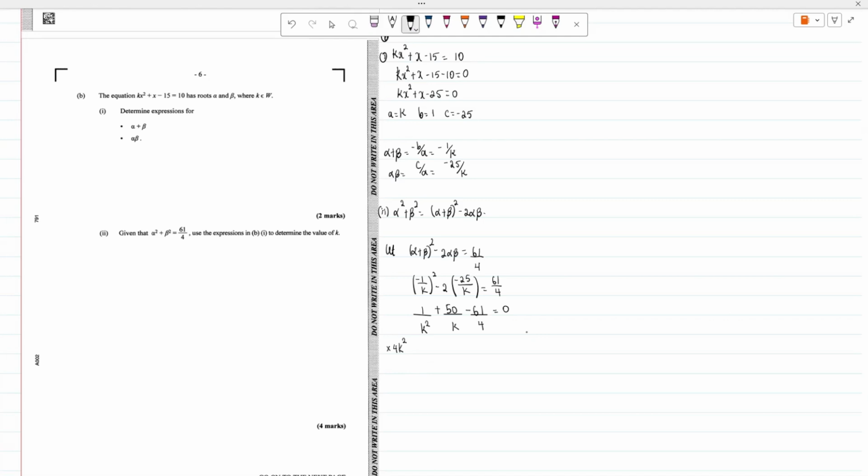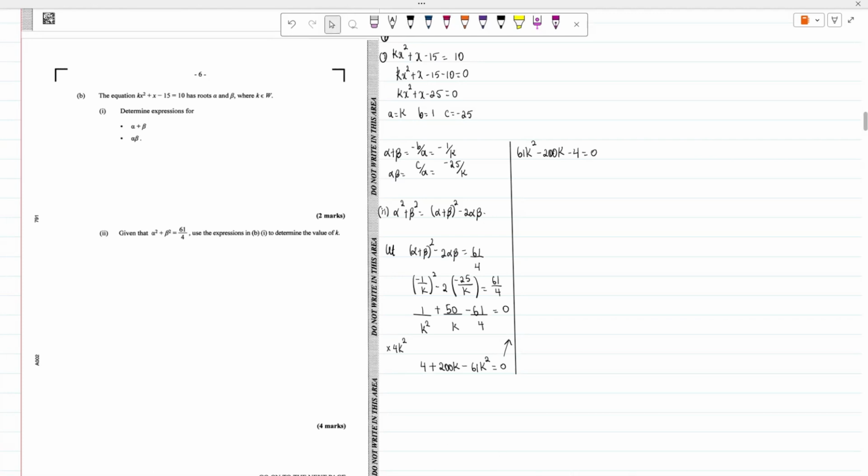I'll get 4 plus 200k minus 61k squared is equal to 0. Send everything to the other side. I'm going to get 61k squared minus 200k minus 4 is equal to 0.